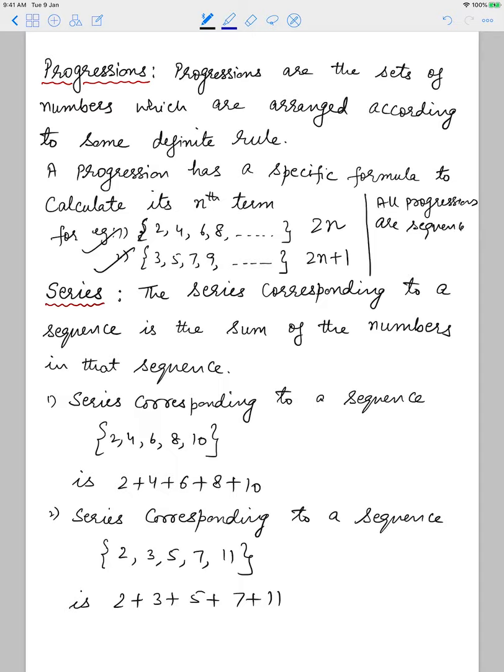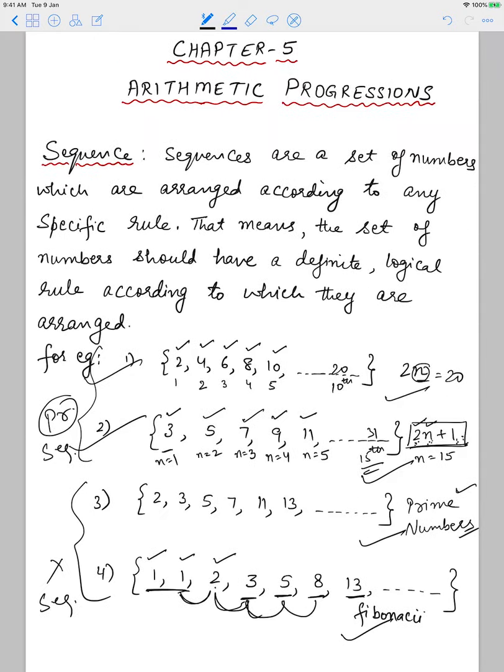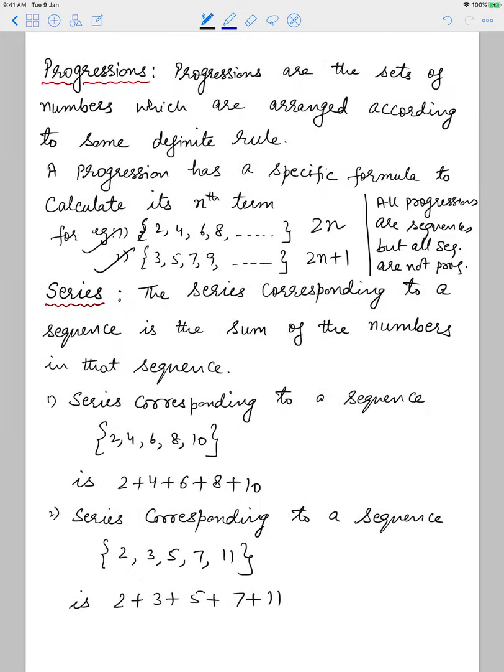Whenever you have any progression with you, that will definitely be a sequence. But all sequences are not progressions, because a sequence may or may not be a progression, as I explained here in the first four examples. Out of all the four sequences, all four of them were not progressions, only the first two were progressions.